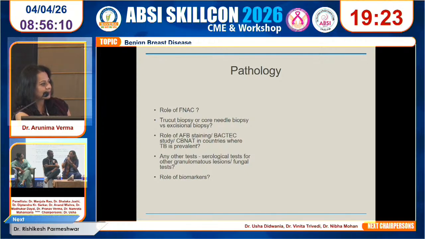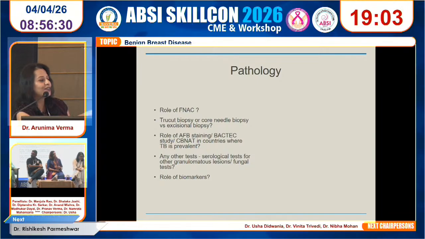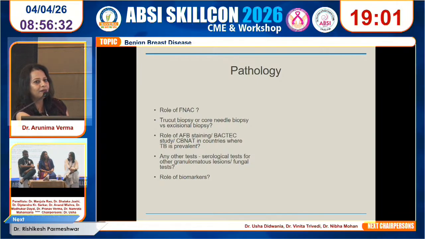My pathologist always mentions if they are not visible. So the idea to go in for CBNAAT, yes or no, is also helpful from the biopsy. I think that is what Anand sir was mentioning, and then I think he can take this question, the role of AFB staining, BACTEC, CBNAAT, especially in countries where tuberculosis is prevalent, and definitely as far as India is concerned, it is prevalent. So sir, do you routinely do that?